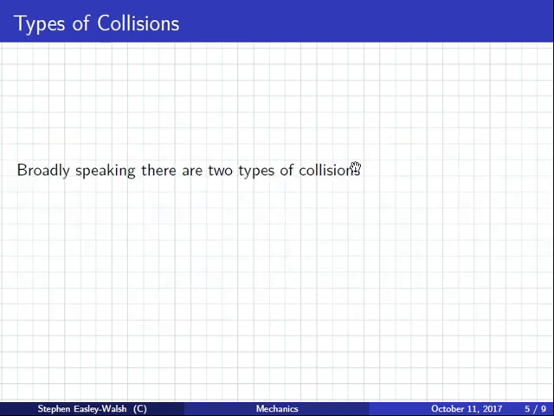So, roughly speaking, there's actually two types of collisions that we're interested in looking at. Does anyone know the two types of collisions? Elastic and inelastic. So, they're called elastic. What's an elastic collision then, if you know? Oh, give me some more words than this, please.